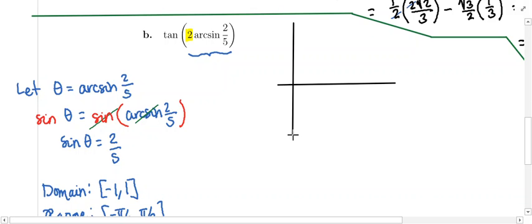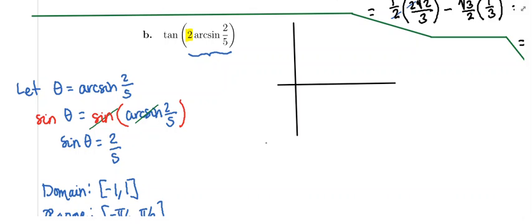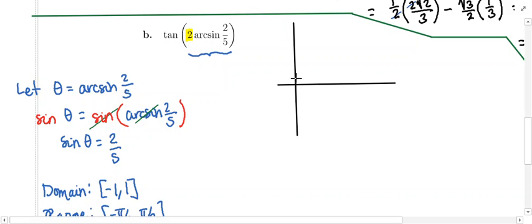What do we know about this angle theta? We know that its sine is 2/5. That is a positive sine value. Sine is positive in quadrant 1 and negative in quadrant 4, so we need to be drawing our angle in quadrant 1. We've got this quadrant 1 angle, and this is going to be theta.